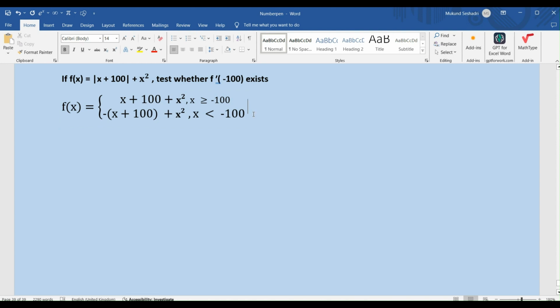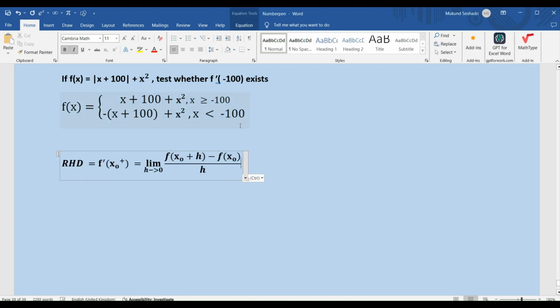With this, we will move on to our LHD and RHD, right? So let's do our RHD first. So there we have our RHD. RHD equals f dashed of x naught plus, equal to limit h tending to 0 of f of x naught plus h minus f of x naught divided by h, right?